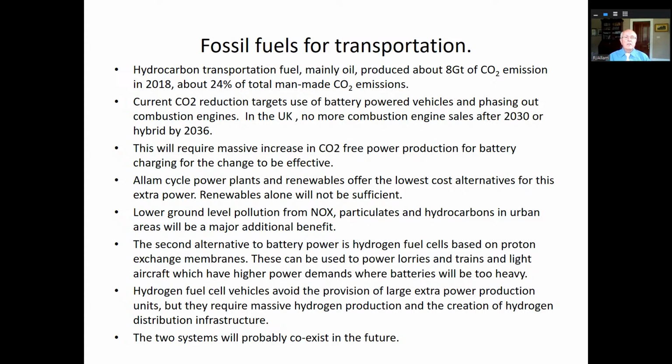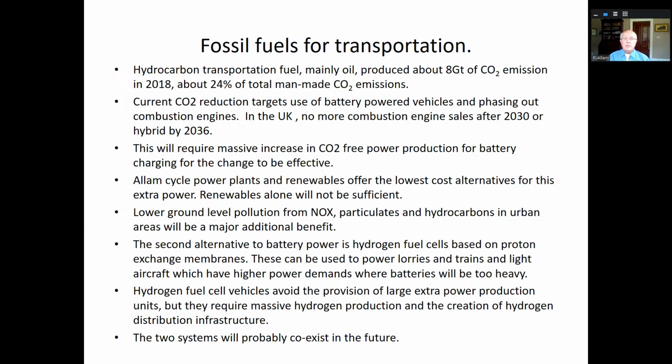And current CO2 targets use battery-powered vehicles and phasing out of combustion engines. In the UK, we're not going to have any more cars sold with diesel or petrol engines by 2030. And hybrids will be phased out in 2036. Other countries have different regulations.